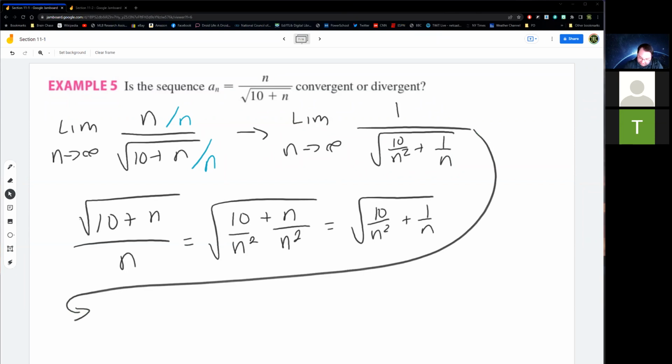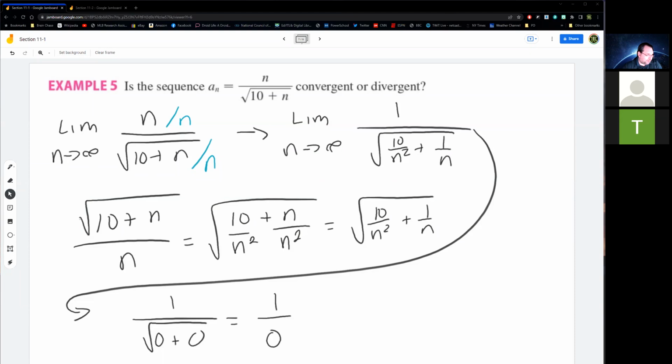All right, so my limit, the top is still going to be 1, right? But what's the bottom going to go to? That 10, that's going to be the square root of 0 plus 0, right? Because 10 over n squared is going to go to 0, and 1 over n will go to 0 if I do the limit.